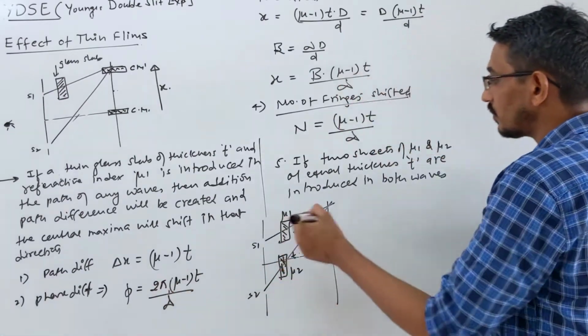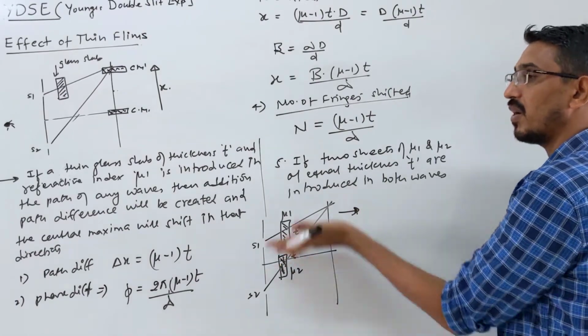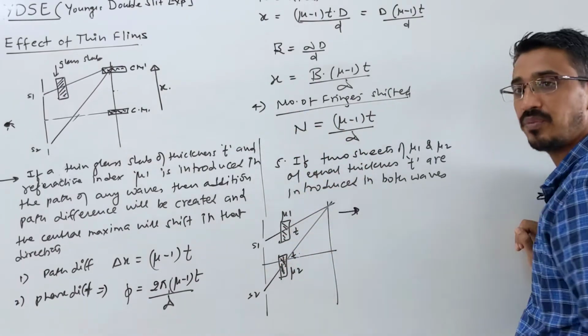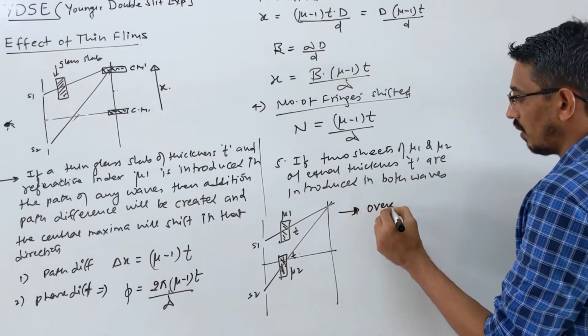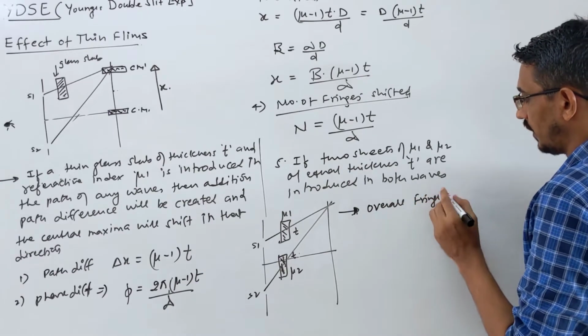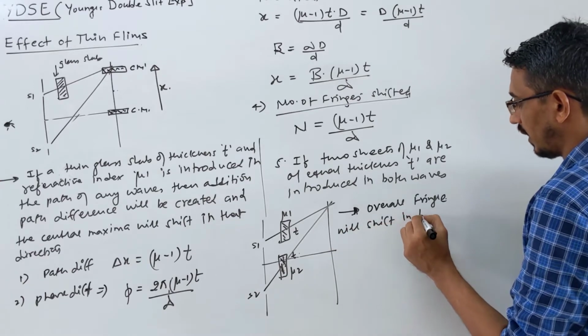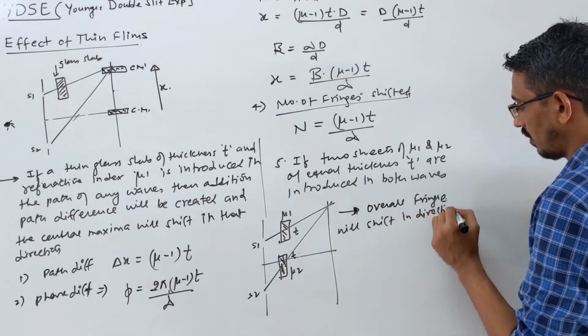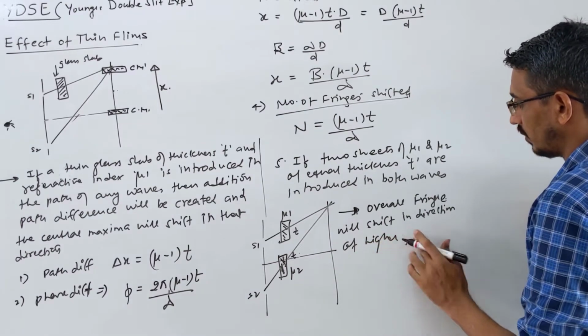So suppose the first question they are asking is in which direction the fringe pattern will shift, upward or downward. So this will depend on mu, correct? So the first answer is: overall fringe will shift in the direction of higher mu.